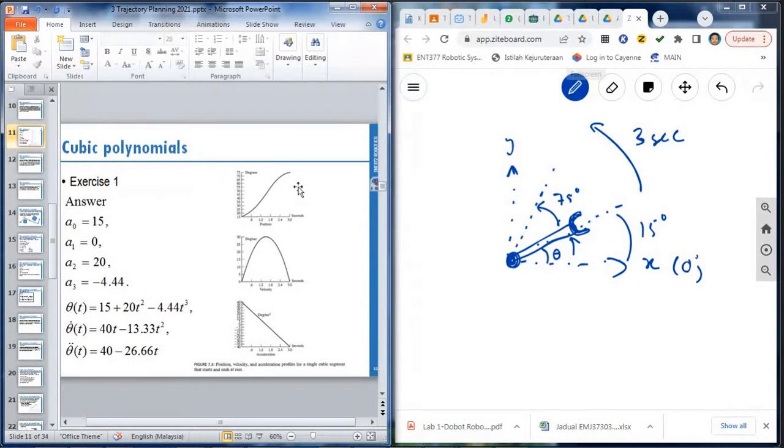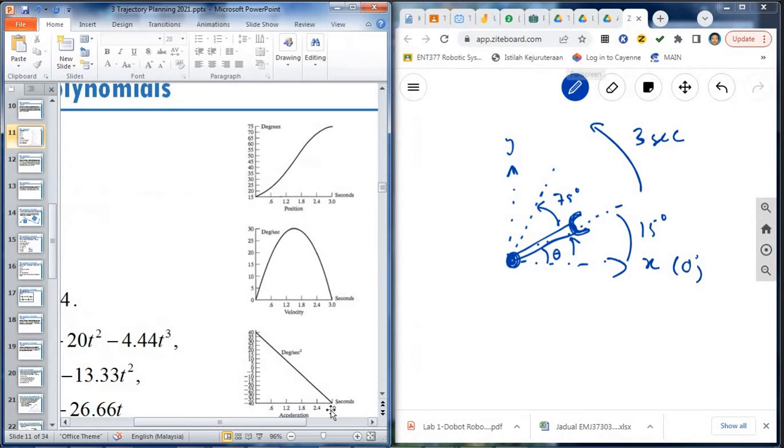So this is an example graph of position. If you see this graph, I make it bigger. You can see this is your motion, and all this motion is in 3 seconds. You want to move from 15 degree to 75 degree in 3 seconds.